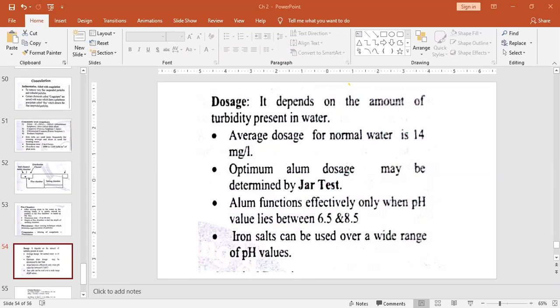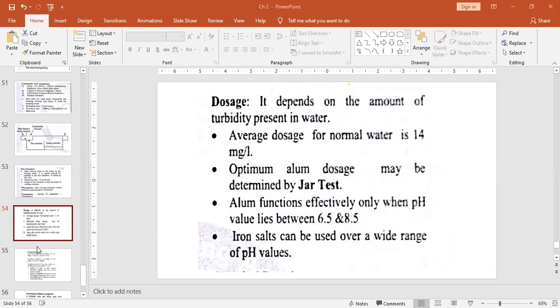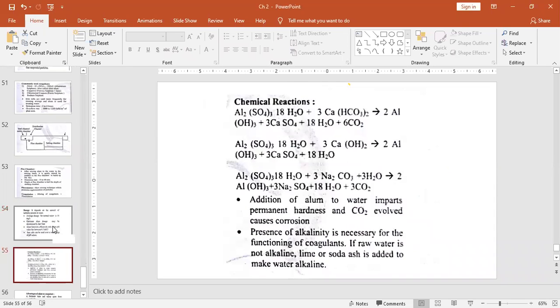That is very heavy, and that much requirement is not there in water supply engineering. So remember that you can find out the dose requirement for coagulation by using the jar test. I will explain that jar test in the next lecture, and then we will finish the second chapter.